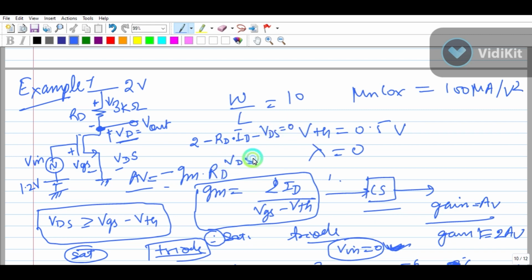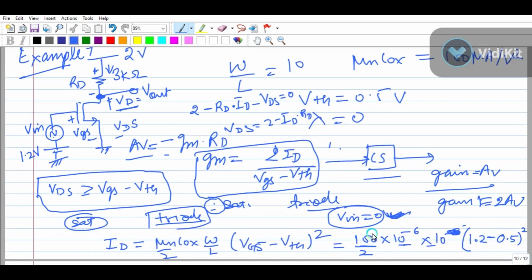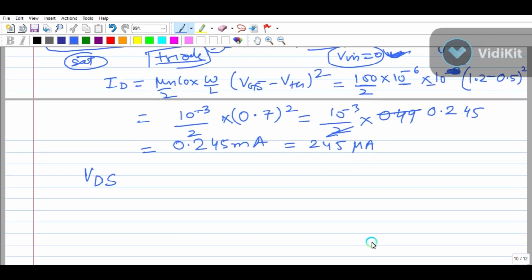So VDS equal to what? 2 minus ID RD. Okay, let's use it. So VDS is equal to 2 minus ID, which was 0.245 milliampere, into the resistance, that is 3.